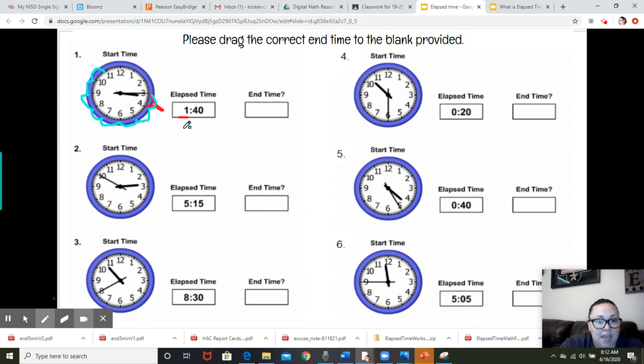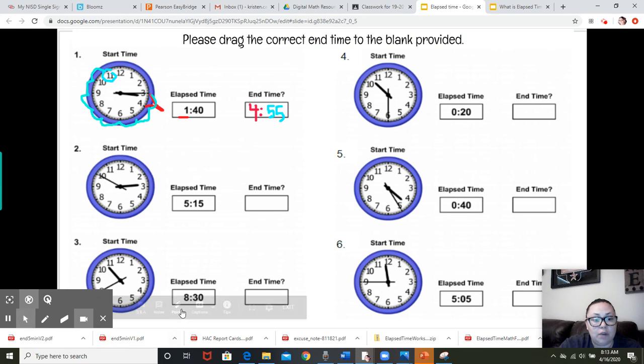So that would put me at 4. And when I added the 40 minutes to my 15, I ended up right here at 55. So the time would be 4:55. Okay, now I'm not going to make y'all write the time out.